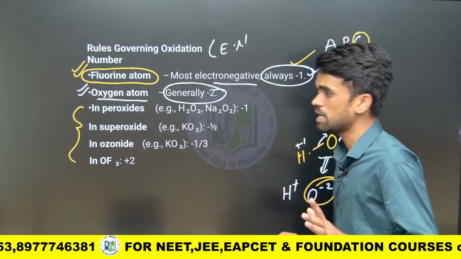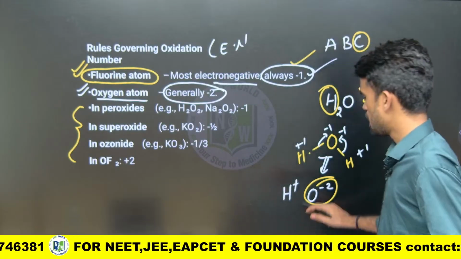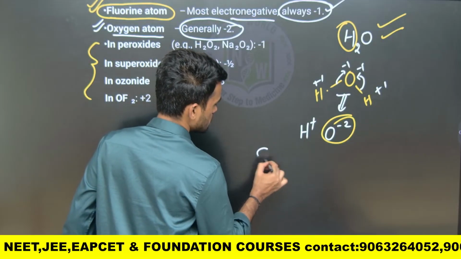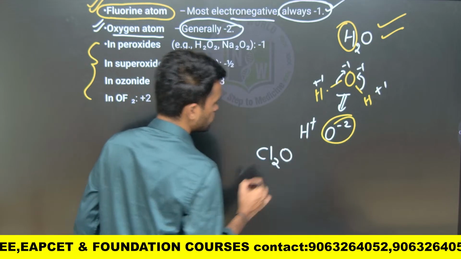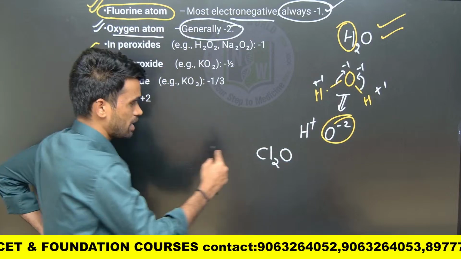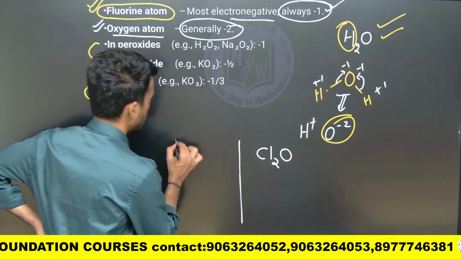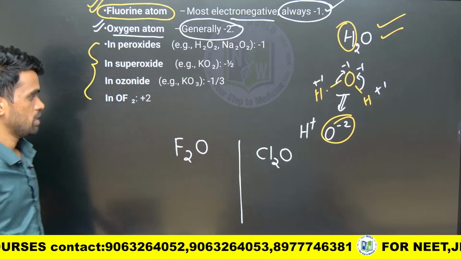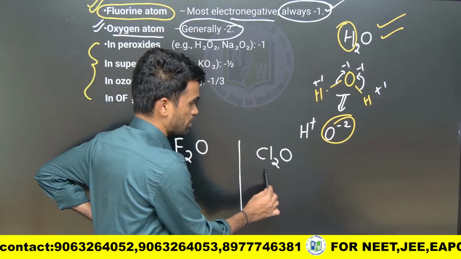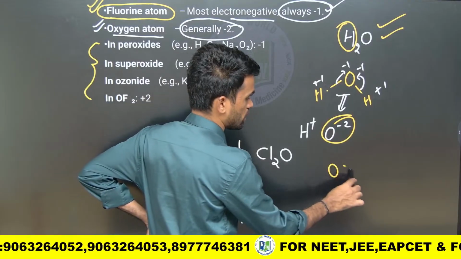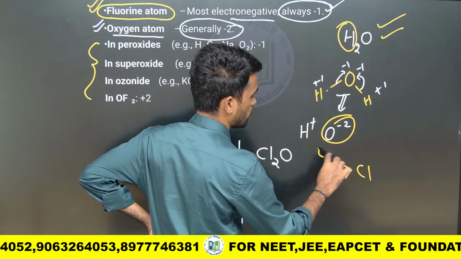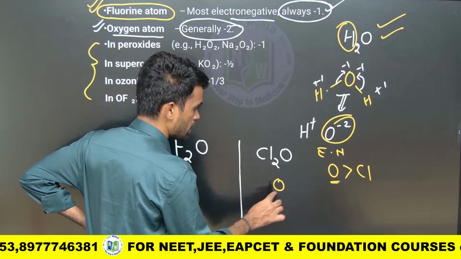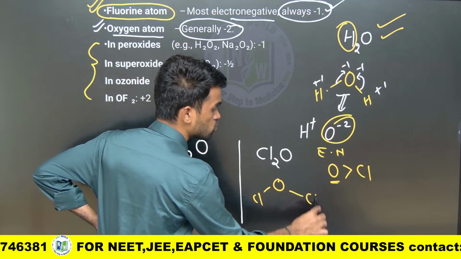Let us understand a few more things here. Now I have attached Cl2O. In this case you tell me which is more electronegative, and also you need to understand one more thing, F2O. You need to understand these two things here. Tell me which is the electronegative element out of these two. We know oxygen is more electronegative than chlorine, right? Electronegativity difference I am saying. Since the electronegative atom is oxygen, the bonded electrons move towards which side?